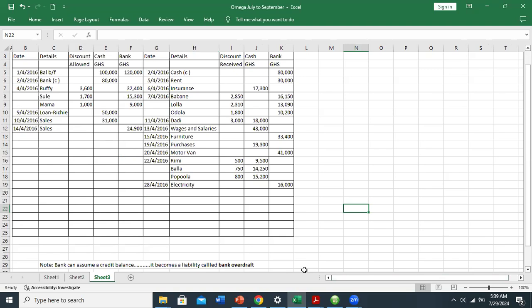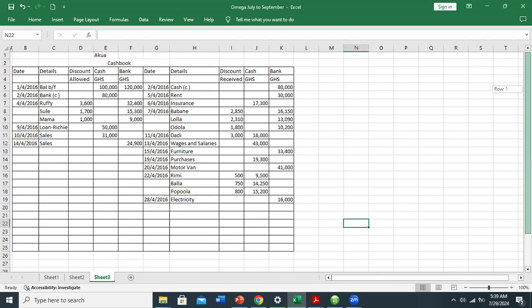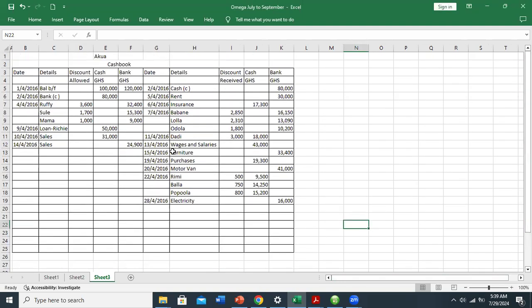So let's look at how you balance the 3-column cash book. Like we did for the 2-column, you need to balance it column by column. So let's pick the cash columns first. We'll need some calculating here. So Prof. Alexia, please calculate the cash column for debit and credit so that you give us the values.